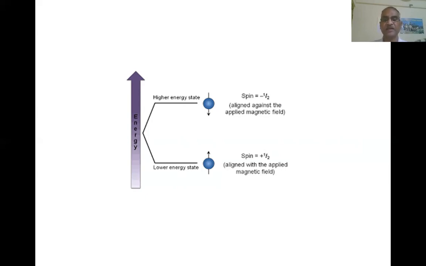In the lower energy state the spins are aligned with the applied magnetic field, and in the upper energy level the spins are aligned against the applied magnetic field. Spin is plus half in the lower level, and minus half in the upper level.